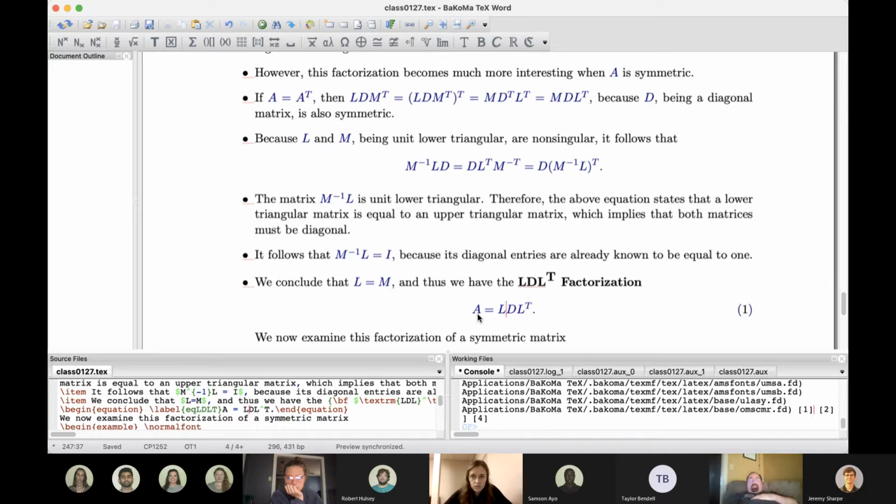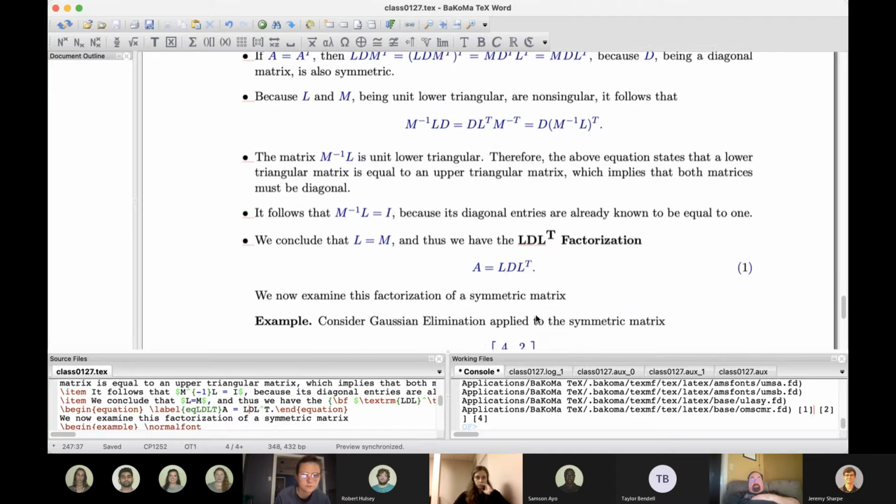So instead of representing all n squared matrix entries of A, I can represent A using about half that many. That's going to be helpful when I want to solve Ax equals b in the case where A is symmetric, using this factorization.